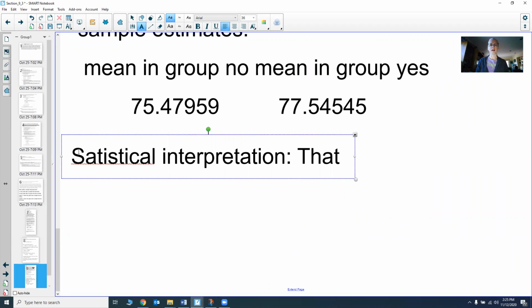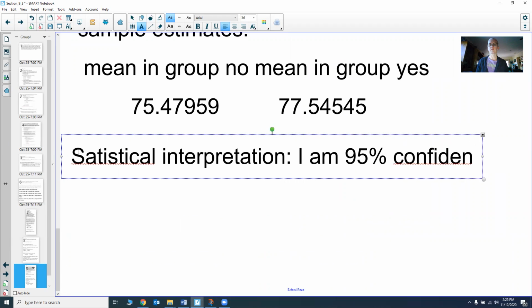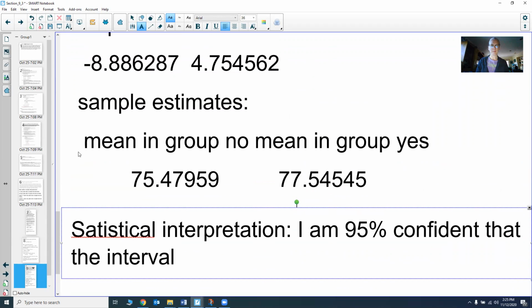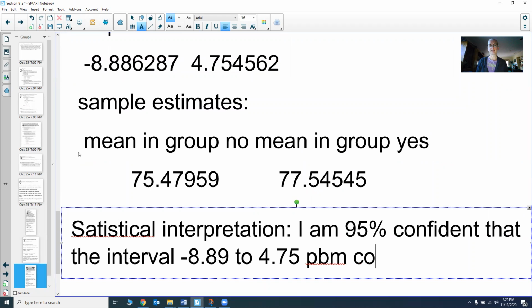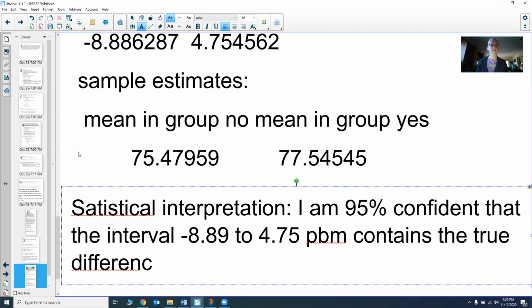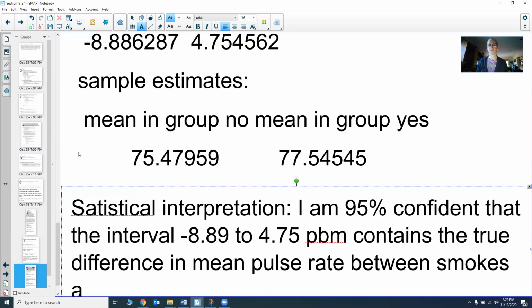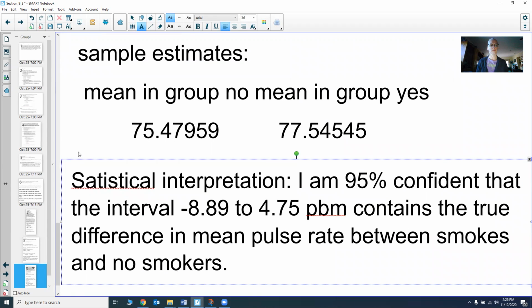And again, this is that I am 95% confident that the interval, and the interval was negative 8.89, let's say, to 4.75 beats per minute contains the true difference in means, in mean pulse rate between smokers and non-smokers. And I probably should say mean resting pulse rate.